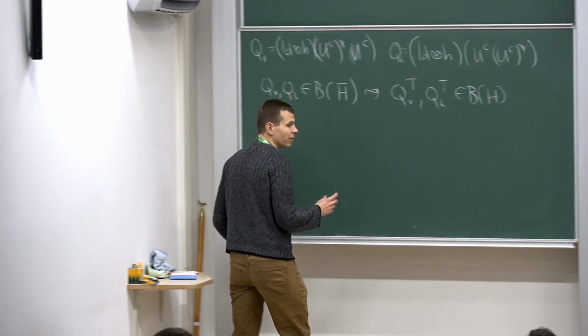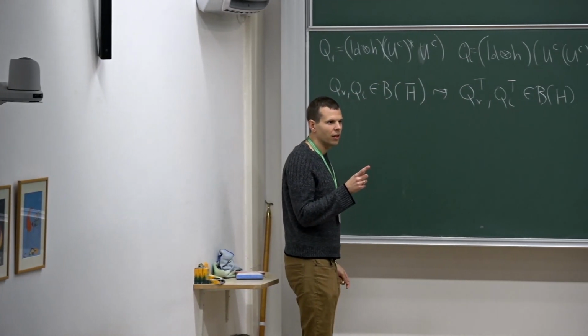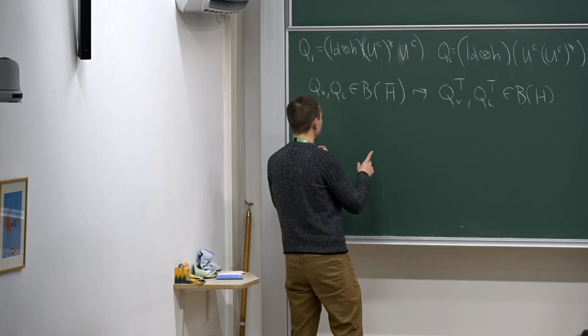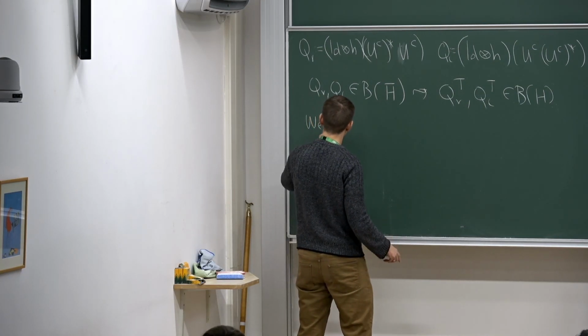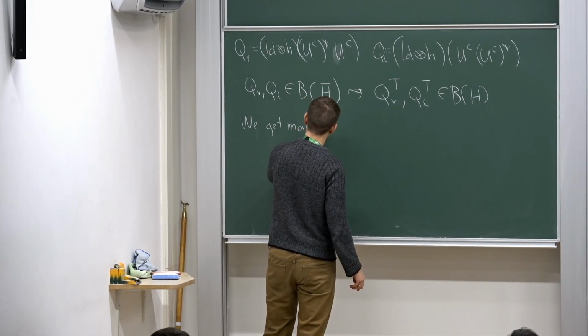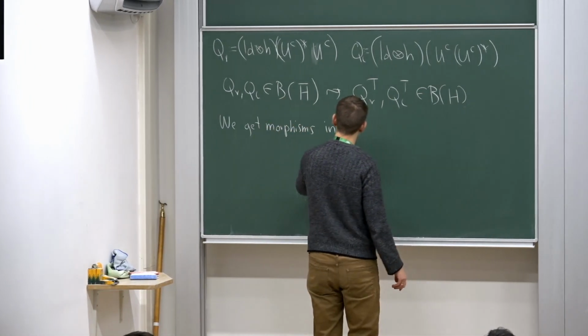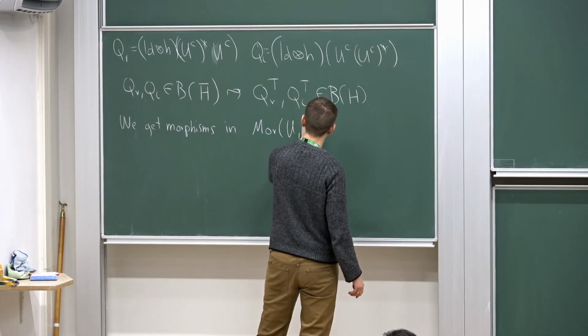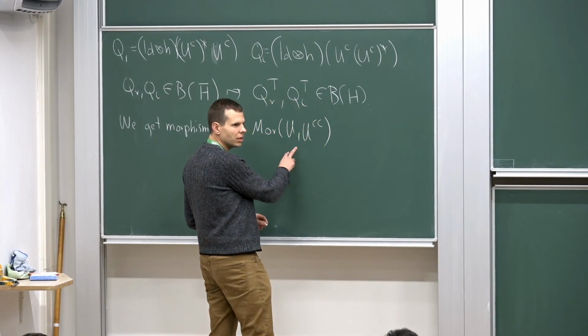And what turns out, and this is I think the question that Vern asked, is that one of them is a morphism, so we get morphisms from U to UCC, so when we do it twice.